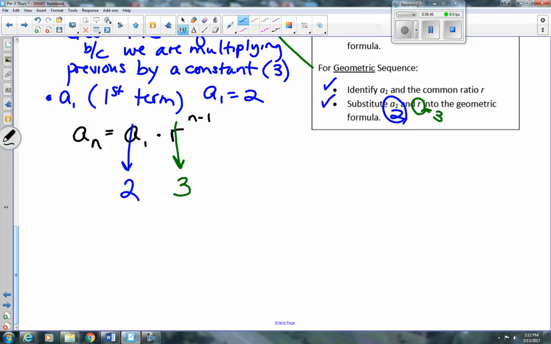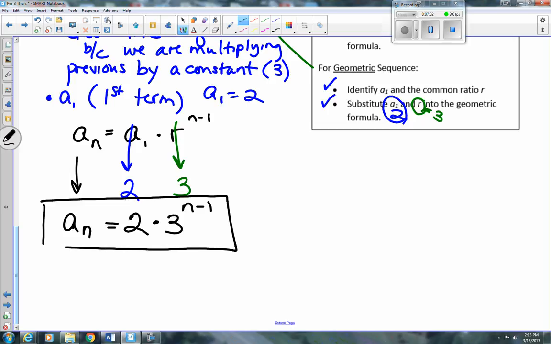So it becomes, bringing down my A subscript n equals 2 goes in for A1, multiplied by 3 to the n minus 1 power. I leave the A subscript n in my formula, and I leave an n. Let's write that down as a note.